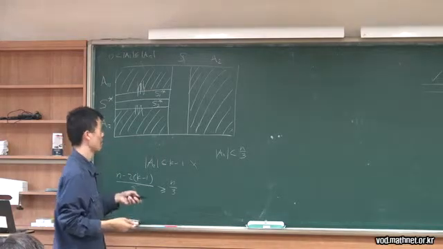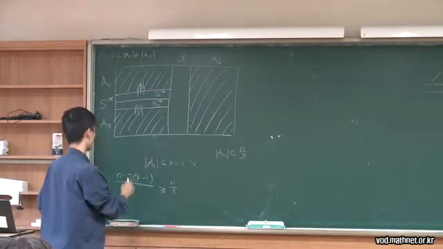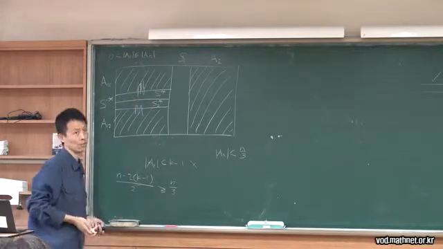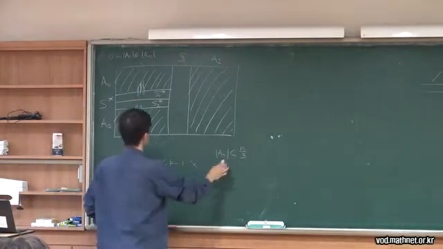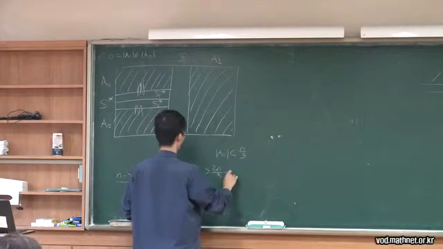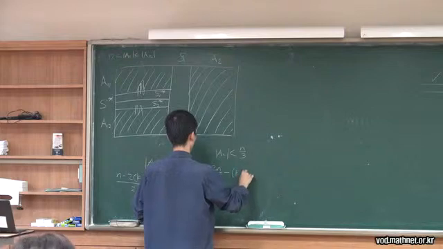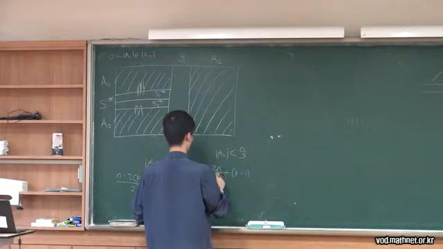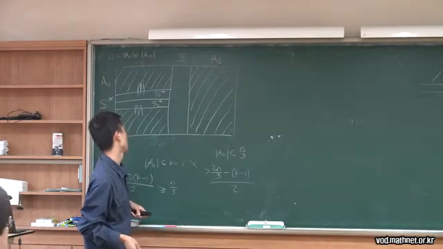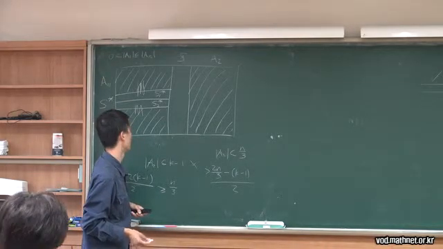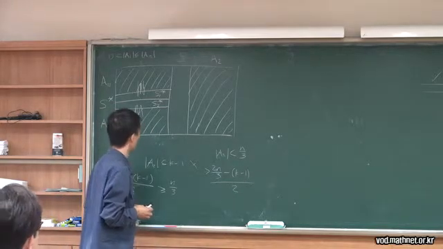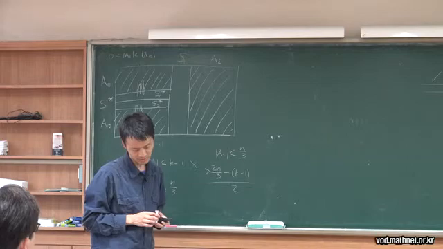So if A11 is at least K, then the larger one of this one and this one would be what we want using this here. So we get 2/3 minus K minus 1 over 2 or something. That should be big enough, right? Or not? Something. Hold on. What's wrong?